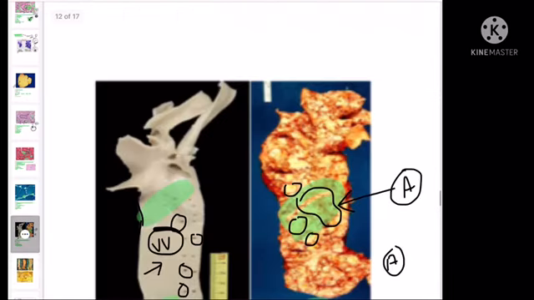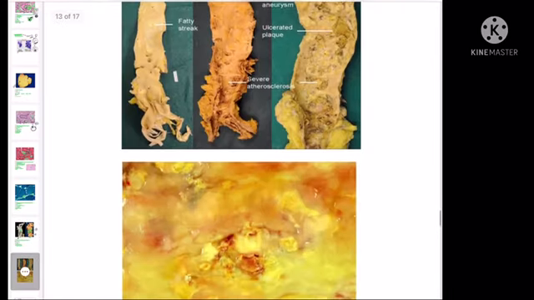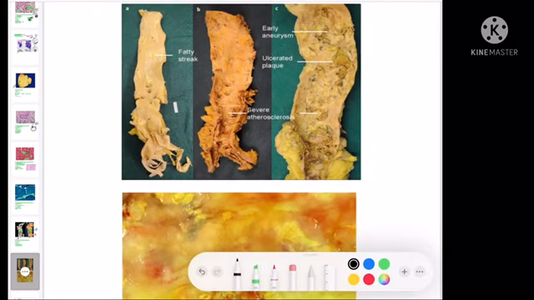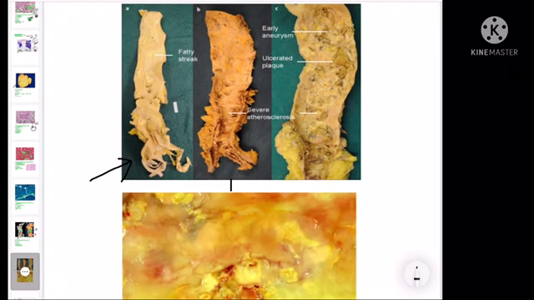The next image is again the same. Here we can see different stages of atherosclerosis: number first, number second, and number third. Number first, these are the small depositions. It may be normally seen in young adults.